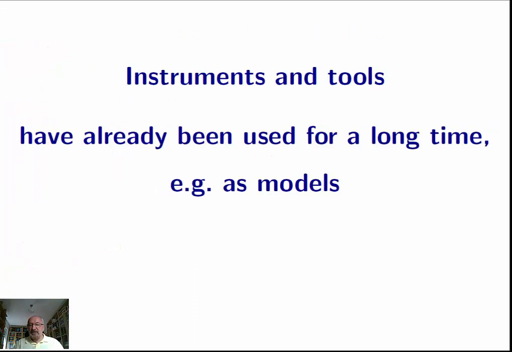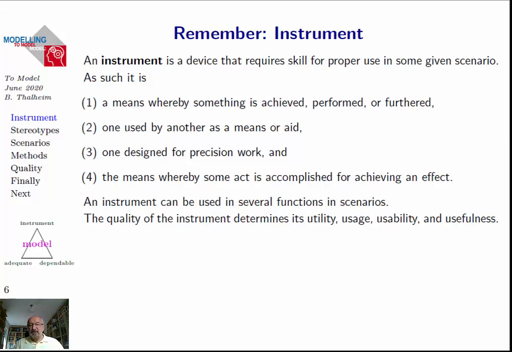First of all, let's start with the instrument being of models. What is an instrument? Instruments have a long history in mankind. We are using a lot of instruments, languages, as well as also models. An instrument is simply a device that requires skills for proper use in a given scenario.